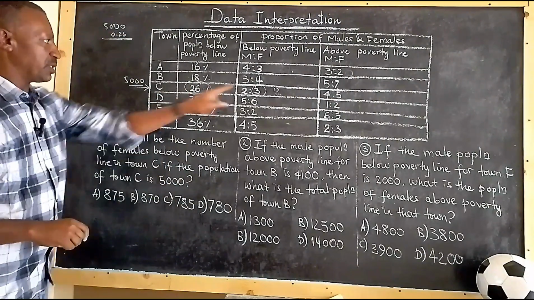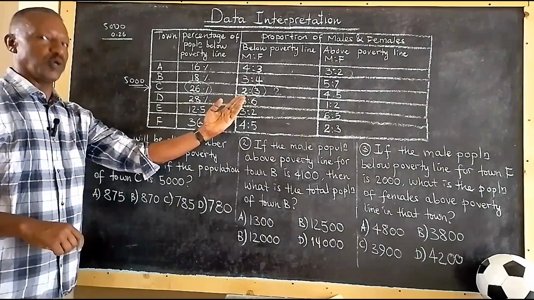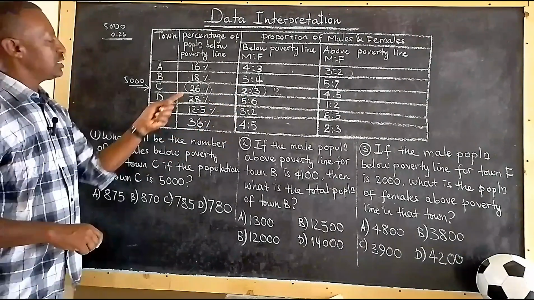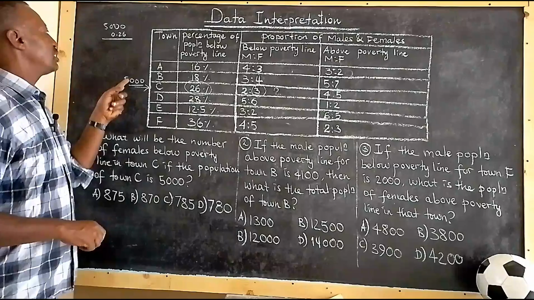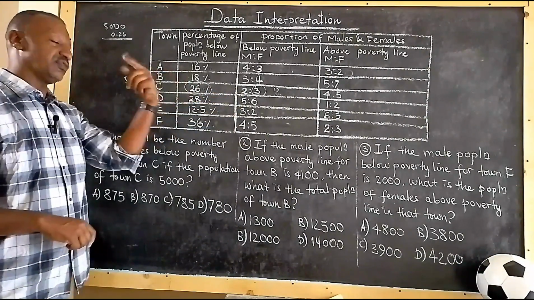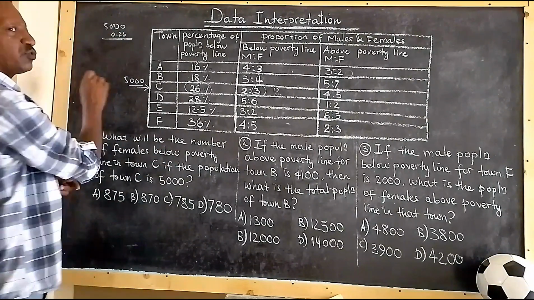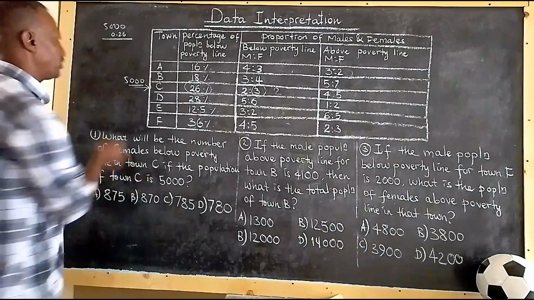That is the below poverty line proportion, the ratio. Then, what is 26% of 5,000? It's simply 0.26 times 5,000.